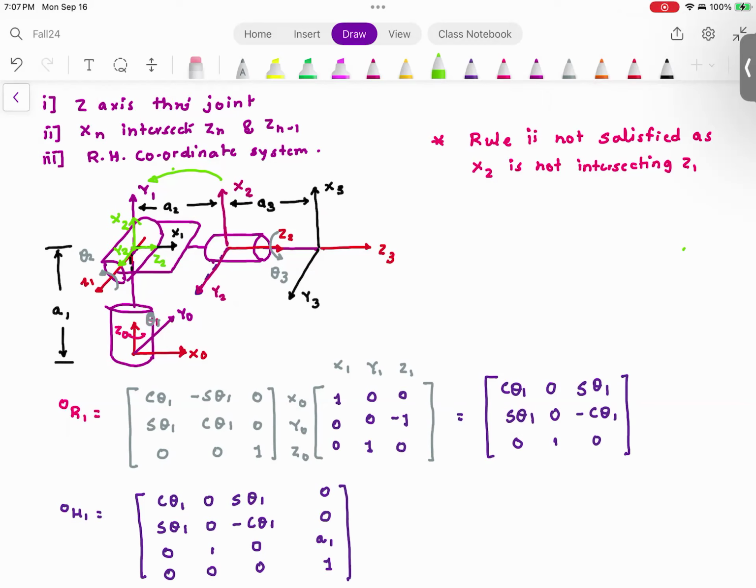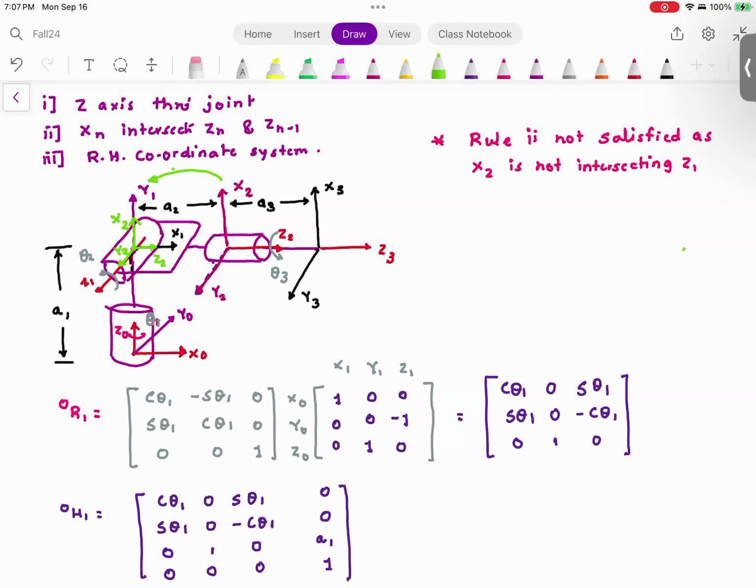So technically, what did I do? I translated the frame from its current location to the previous location, which means in this new configuration, my x2, y2, z2 and my x1, y1, z1 are at one and the same point, which means there is no translation, because now these 2 frames are on top of each other.